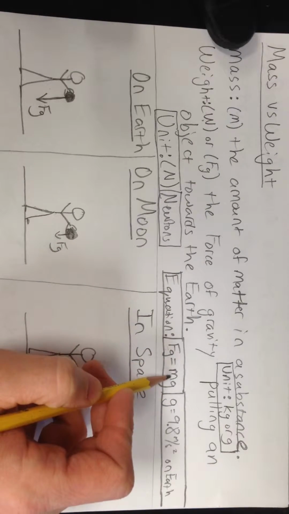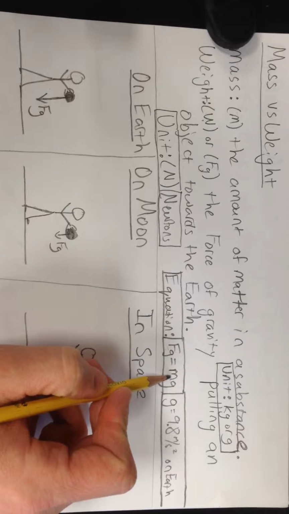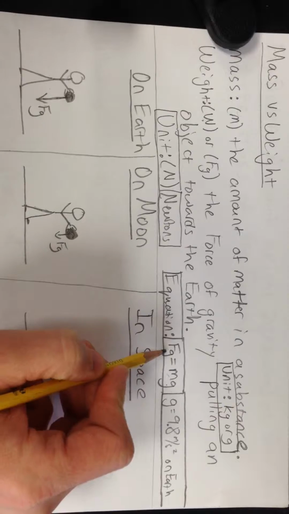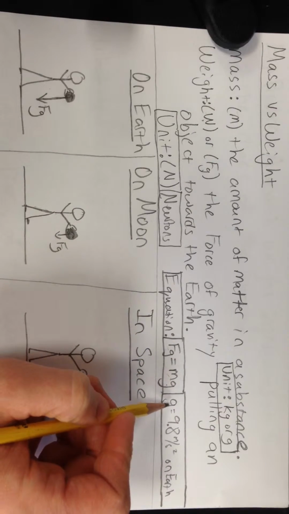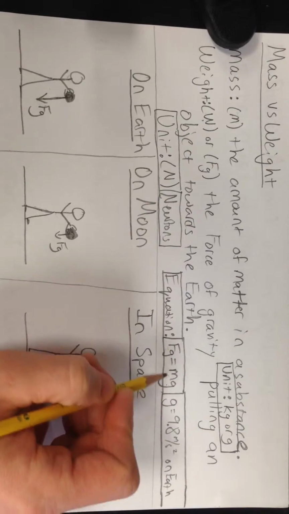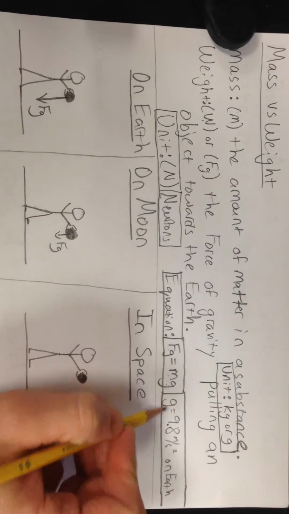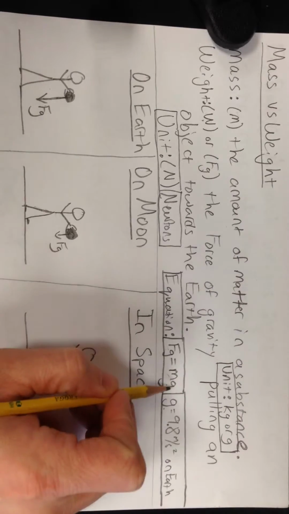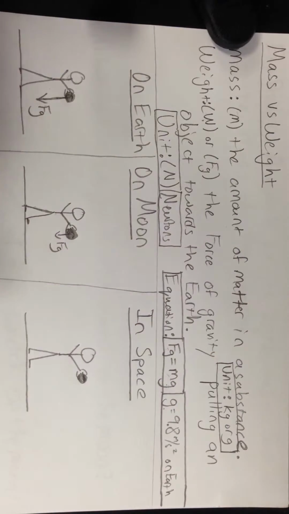You can multiply the object's mass by acceleration due to gravity on any planet, and you get its weight. On our planet, acceleration due to gravity, we represent that with a little g, is 9.8 meters per second squared on Earth. So if you multiply that by mass, you get weight.